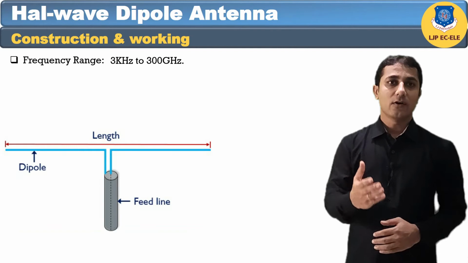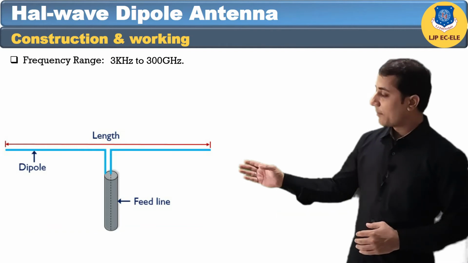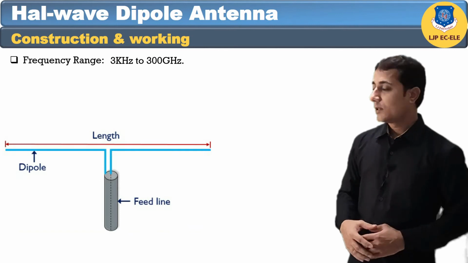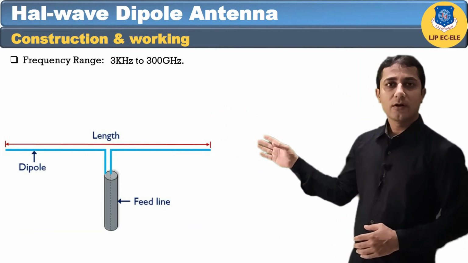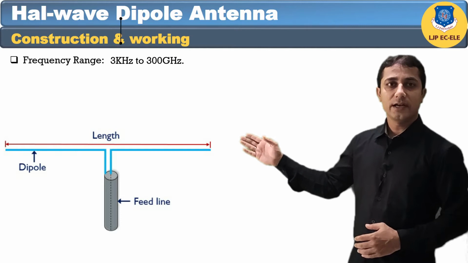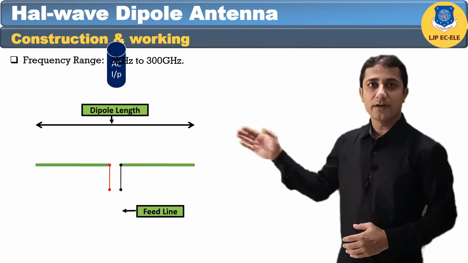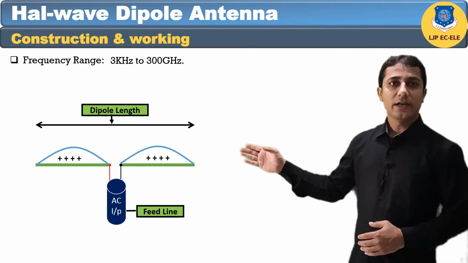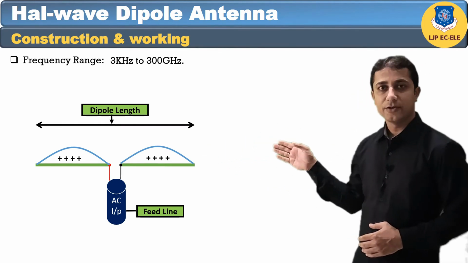This voltage is alternating in nature as we apply an alternating current at the feed line. At the positive peak of the voltage, the electrons tend to move in one direction, and at the negative peak, the electrons move in the other direction.